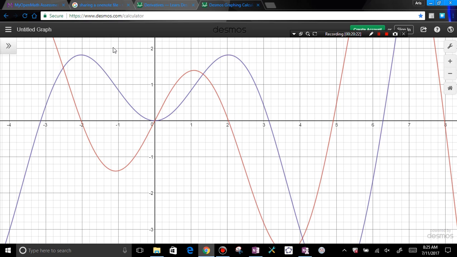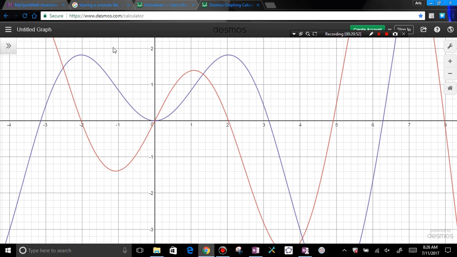All right. One function is the derivative of the other.